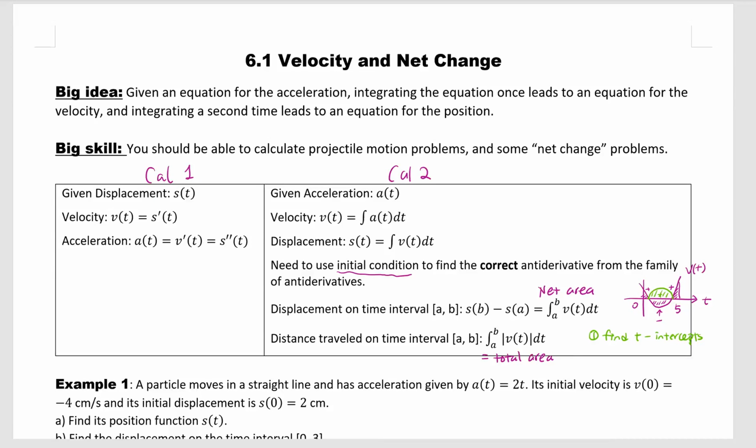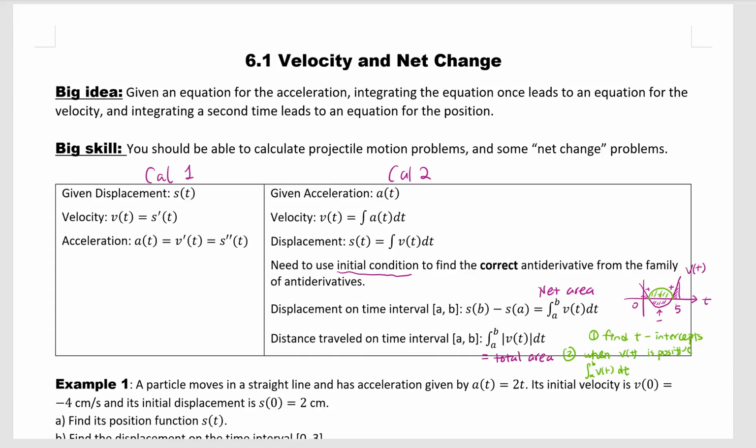So our distance is when v of t is positive, we add those parts. But when the velocity is negative, you subtract.